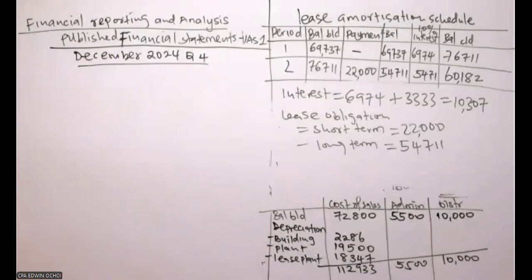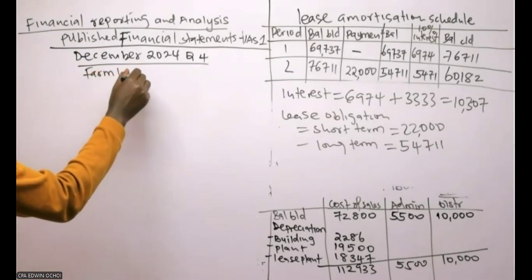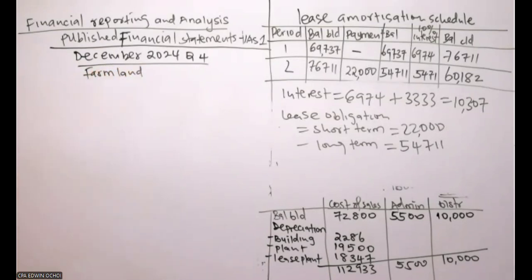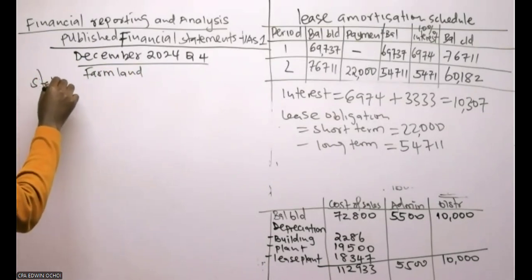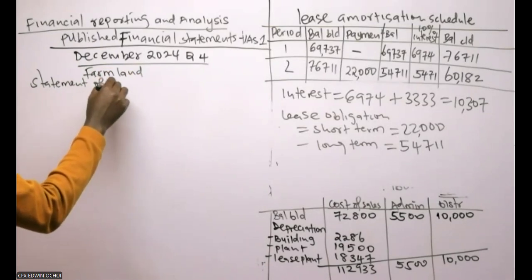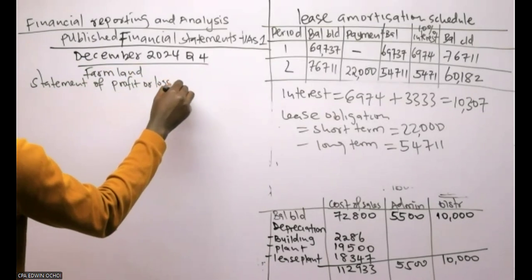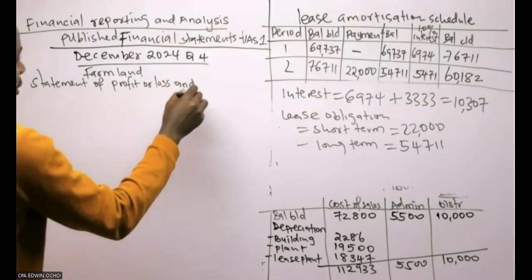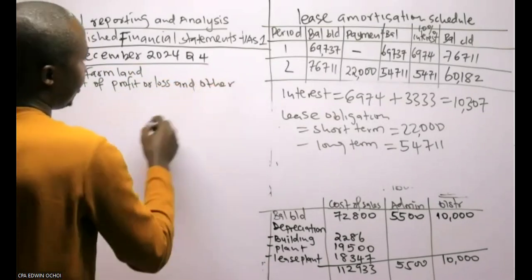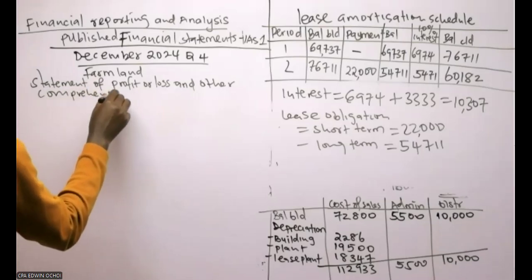So I will come here and say Farmland, statement of profit or loss and other comprehensive income. Remember there was revaluation. Revaluation is an other comprehensive income item.